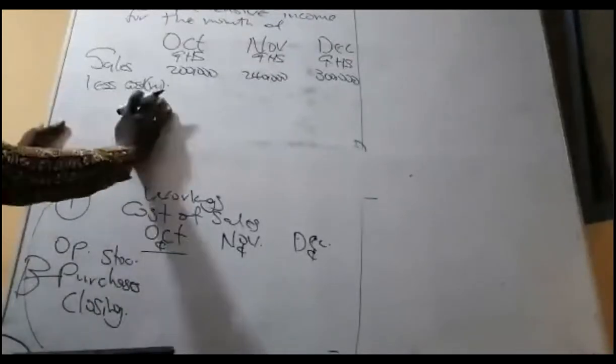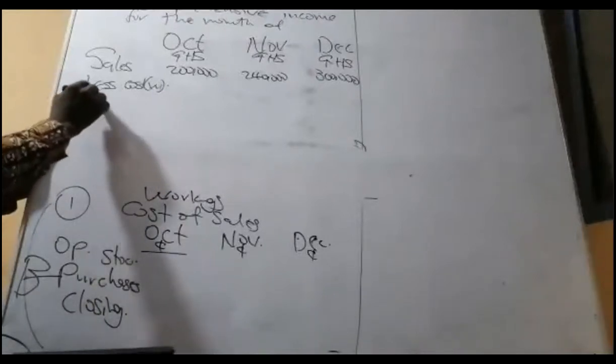Without these workings, you can still score the cost of sales. In bracket, the cost of sales represents 40% of the sales. Agreed. So 40% of each month's sales is the gross profit. Sorry, is the gross profit, not the cost of sales. The cost of sales is 60%.